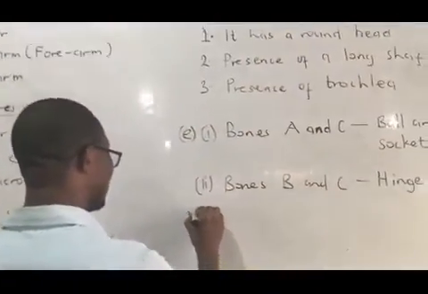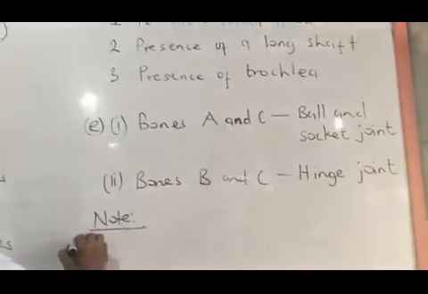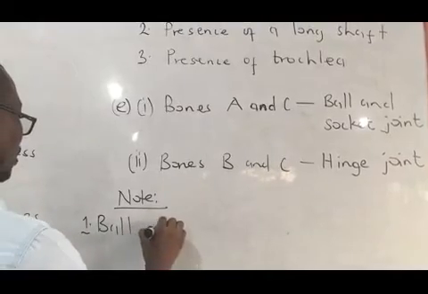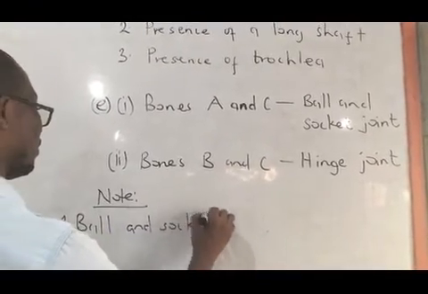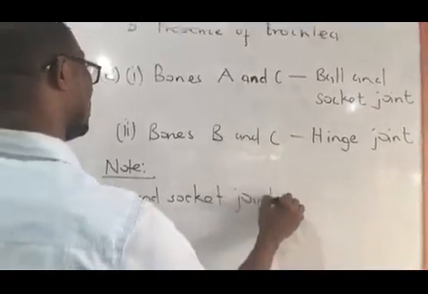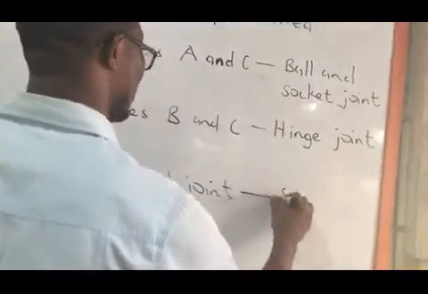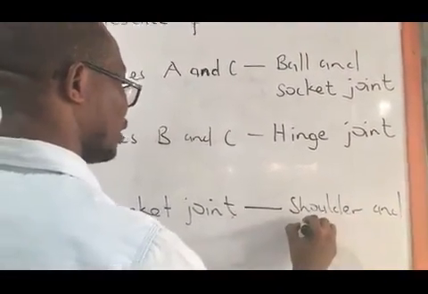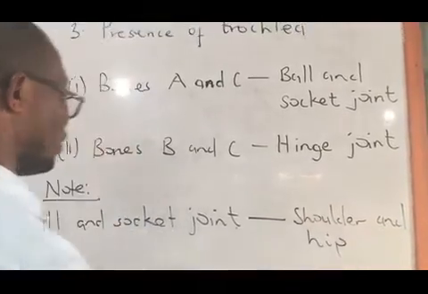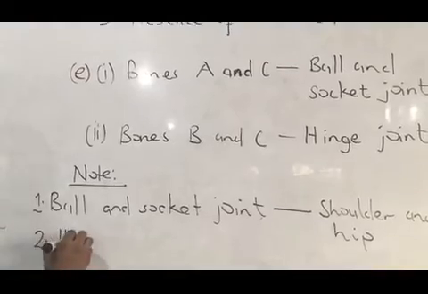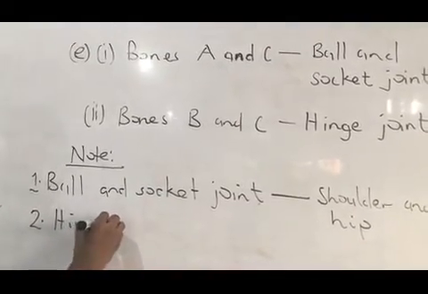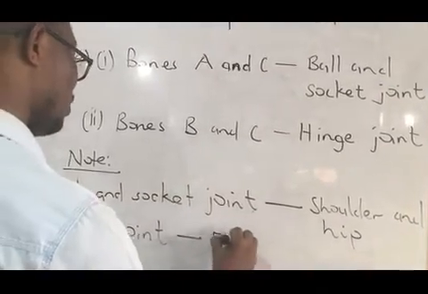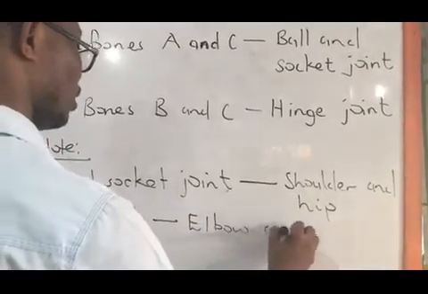So let me put this as notes. Ball and socket joints are found in the shoulder and hip. Then we have the hinge joint, which is found in the elbow and knee.